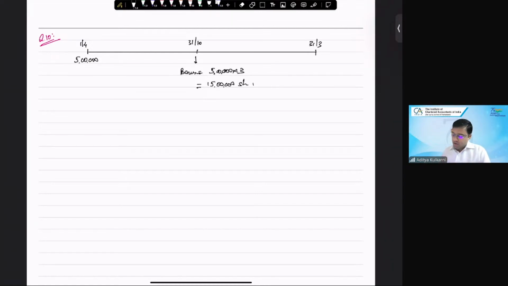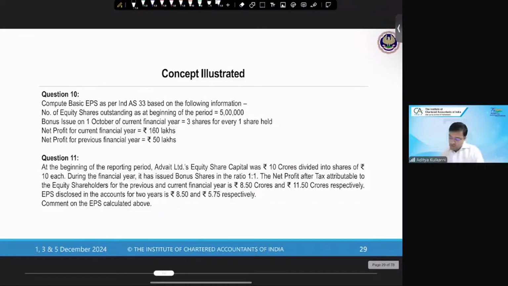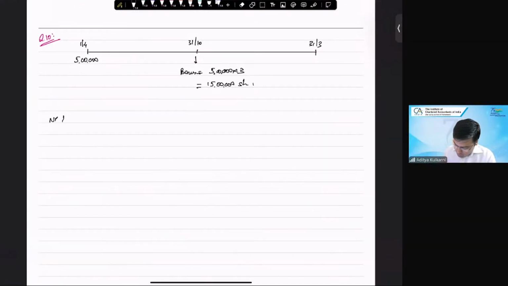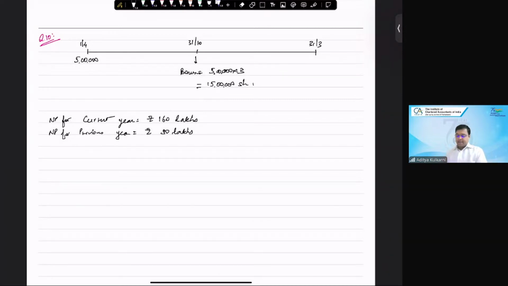And then you will get your closing balance. Now, what is your net profit for current year? 160 lakhs. Net profit for previous year is equal to rupees 50 lakhs.